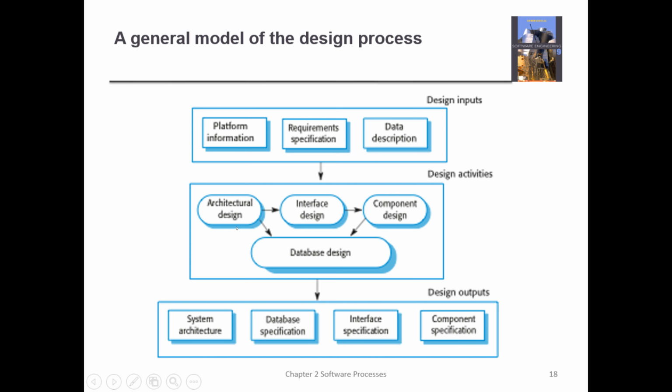You can do the database design, the interface design, component design, and architecture design, and all these have to work together. So your design should have a correlation in each. Then these are the outputs. From the activities that you do, you come up with the system architecture, the database of the system, how the interface will look like, and the components.